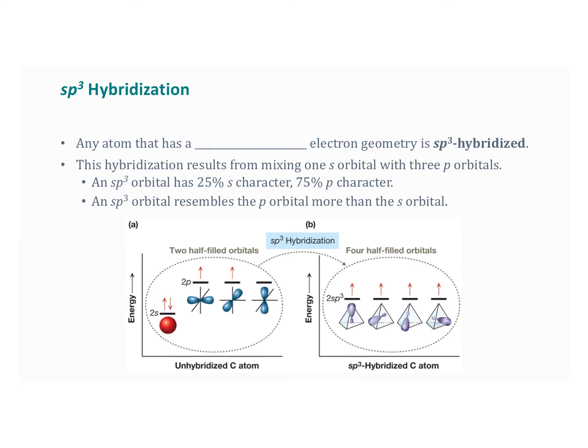Any atom that has a tetrahedral electron geometry is sp3 hybridized. Because this is a combination of 1 s and 3 p orbitals, that's why it's called sp3.